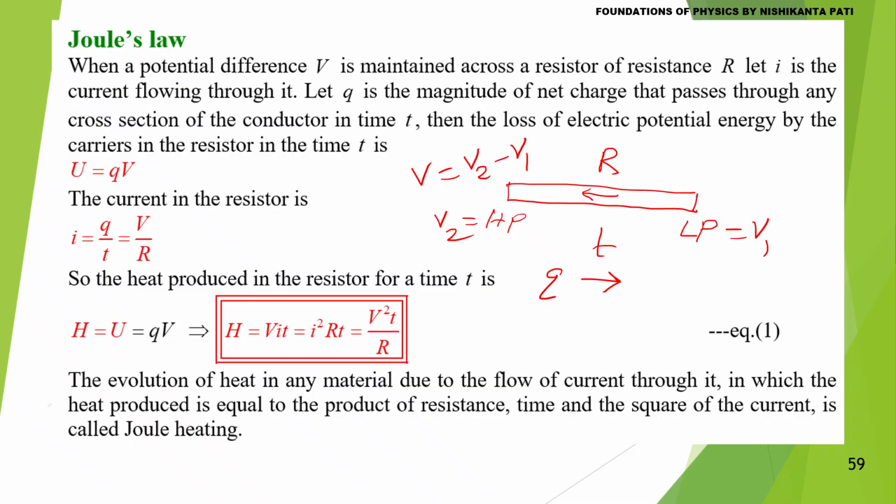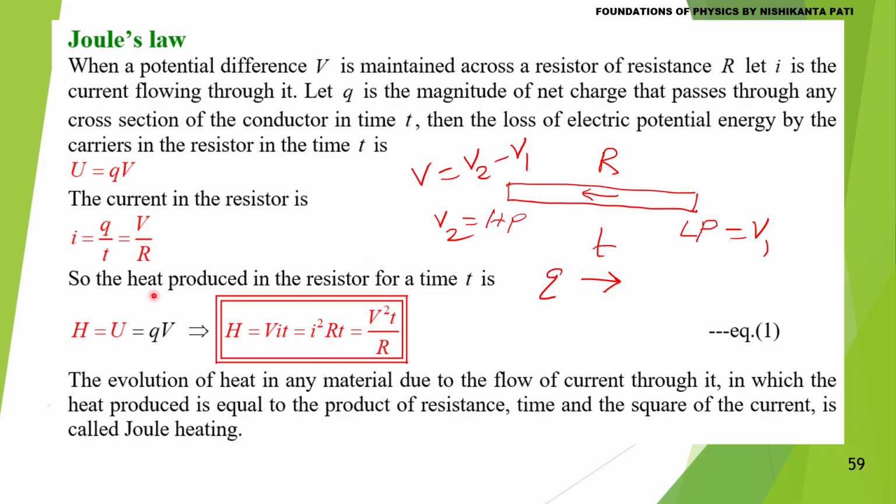So the charge Q enters the conductor with potential energy QV2, leaves the conductor with potential energy QV1. So the potential energy lost within the conductor is QV2 minus QV1, that is QV, which is utilized for heating the conductor.